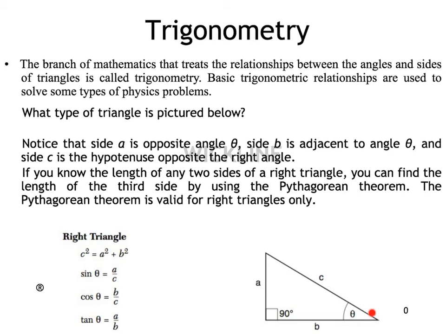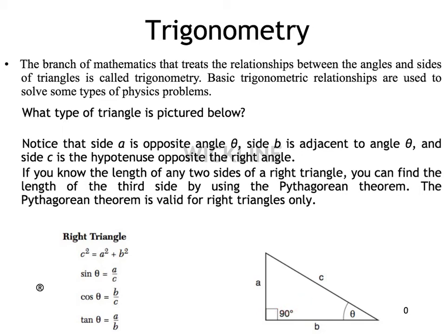So angle theta is formed partly by side B. And then we have, of course, side C, which is what we're going to call the hypotenuse. It's also adjacent to the angle theta, but the hypotenuse is opposite the angle 90, so that's what makes it the hypotenuse.